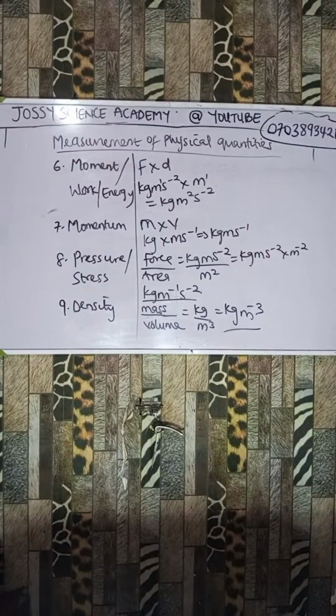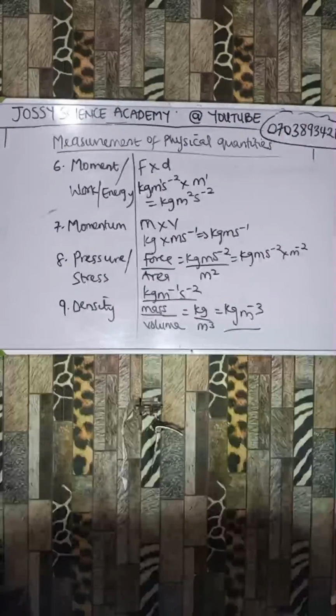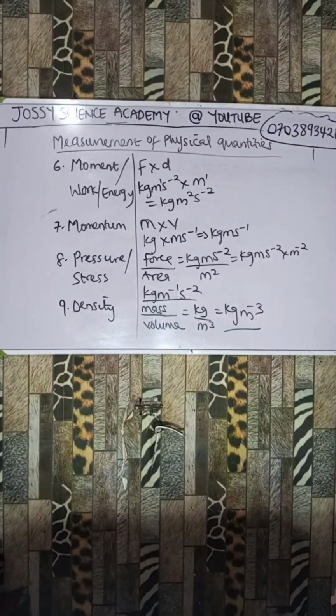For example, we have the volume, the area, we have the speed and acceleration, and we have the force. These quantities are very, very important, and you should master them because you use them to merge with other quantities to get their main unit. Are we clear? Please ask your question if you have.